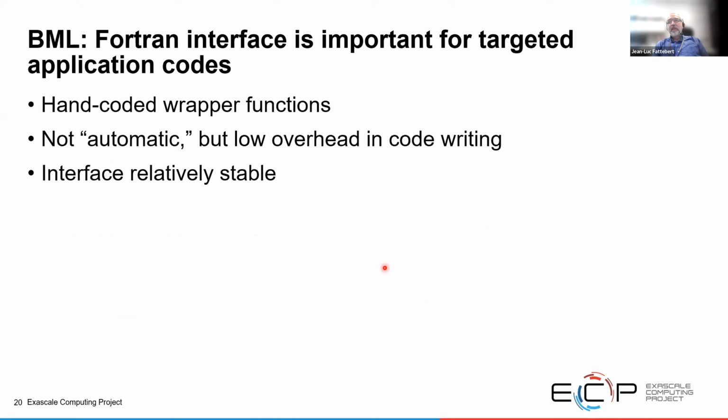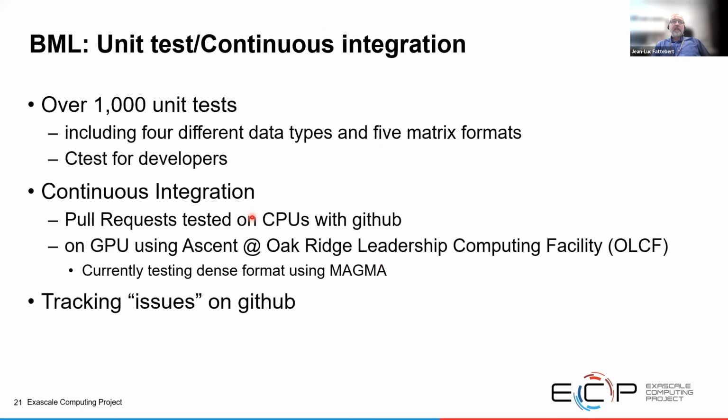This is not automatic. This is not done using any fancy tool, but the overhead is pretty low in code writing, as our interface is rather stable and not too many functionalities get added. And so this is the approach.